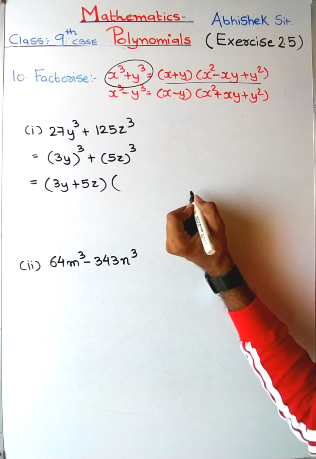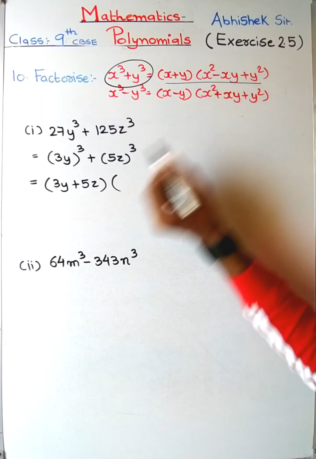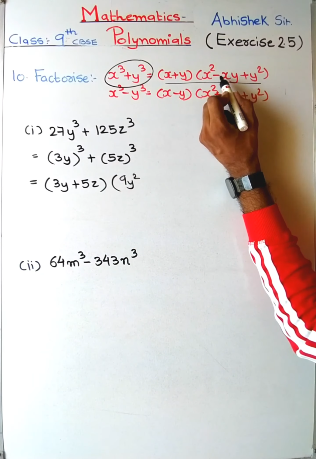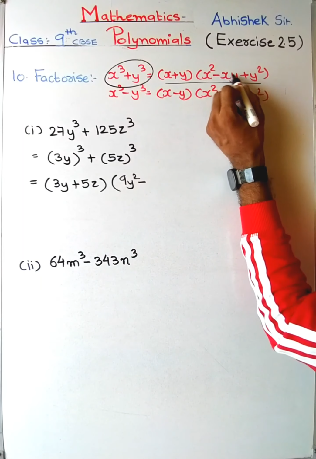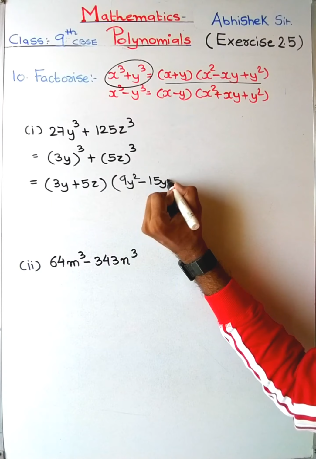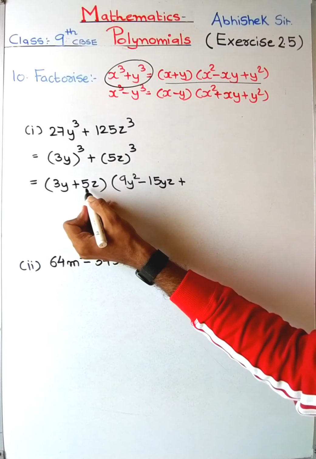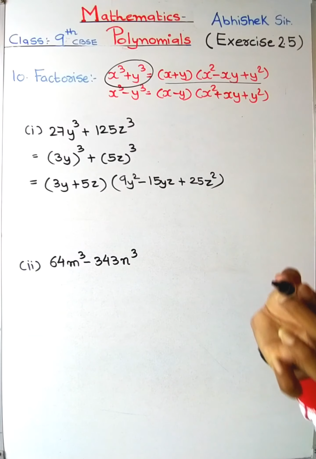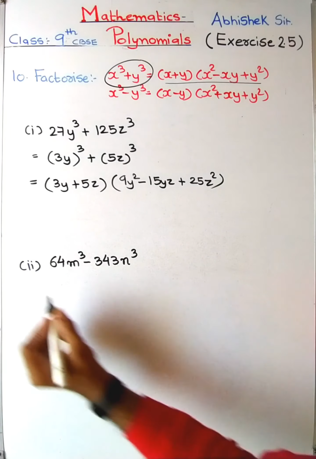In the next bracket, first term square, so 3y square is 9y square. Then we have a minus sign and multiplication of these two numbers, so 3 5s are 15yz, ending up with the square of the second term, that is 25z square. Clear? So this is how you will solve.